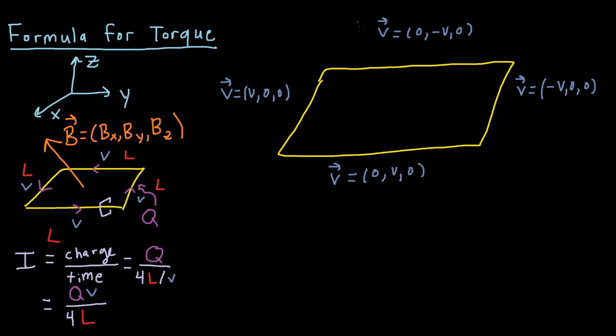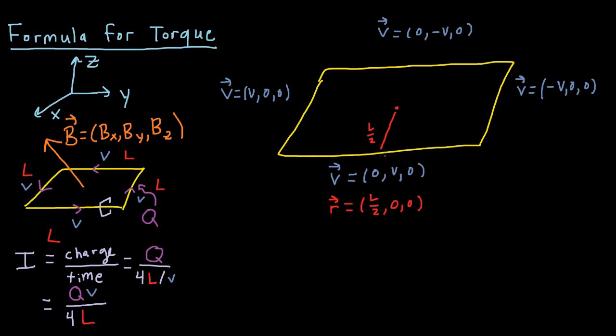Okay, so the next thing I'm going to do is write what the average position vector of each segment of the wire is. So here's what I mean by that. If I say that the center of the wire is this point, right, that's the origin, then this length right here is L over 2. And the average position of this segment of the wire is R equals L over 2, 0, 0. Right?